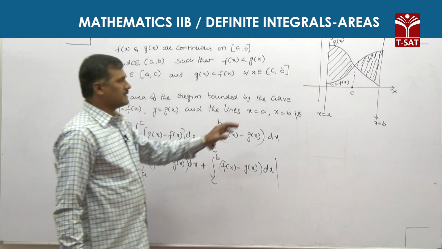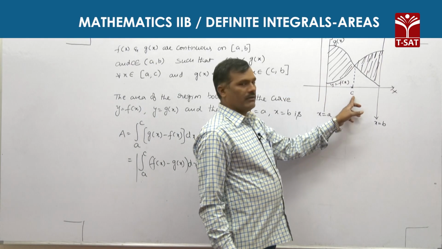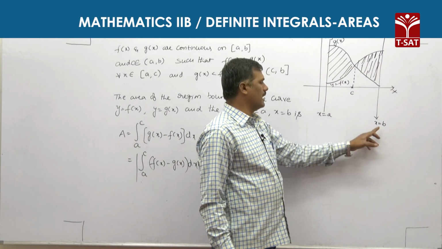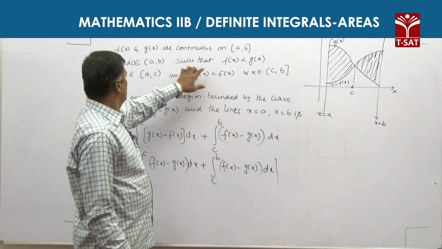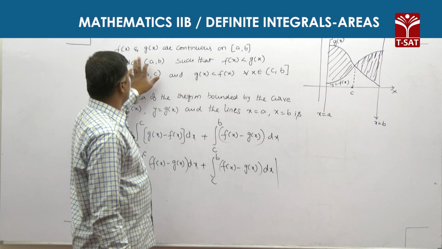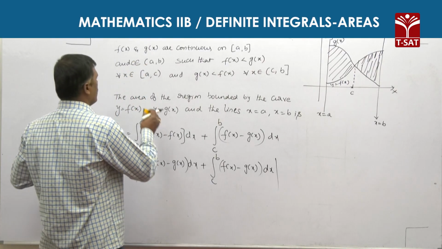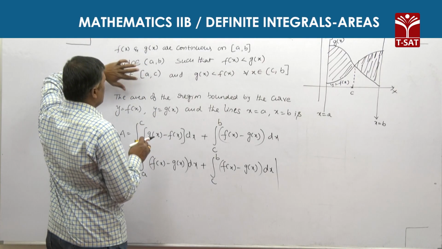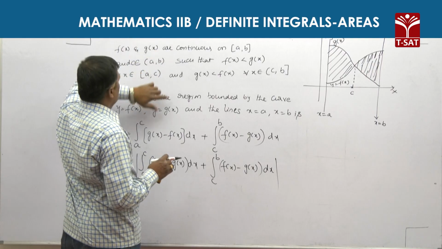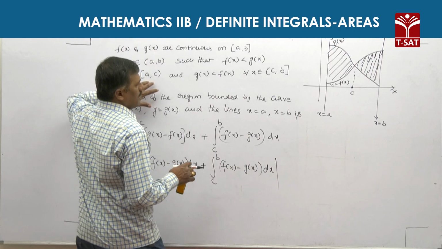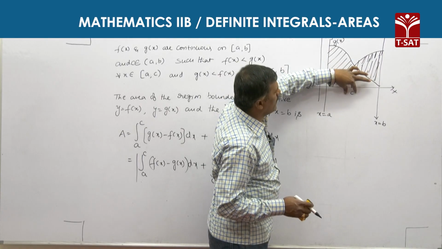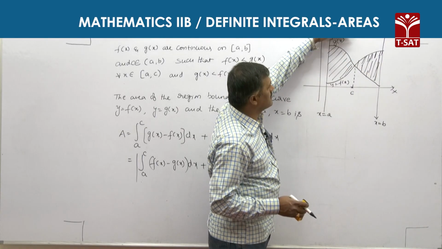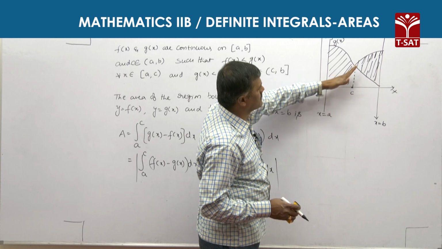Two curves are intersecting at a point c, where c belongs to the open interval a comma b. Therefore, in this region, g of x is the upper curve from x is equal to a to x is equal to c, and y is equal to f of x is the lower curve.